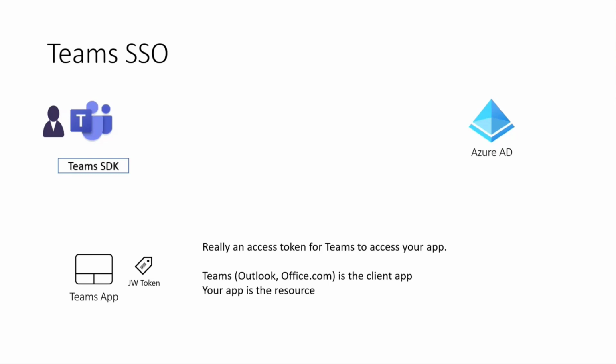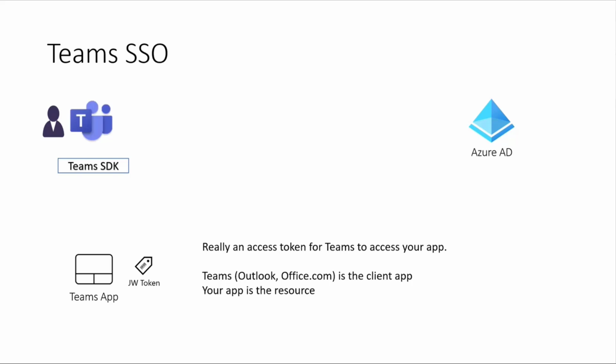It's a JSON Web Token that's issued by Azure AD, but it's gone through a third party. You're the first party, Azure AD is the other party. It's gone through Microsoft Teams, and you can't trust a token if you don't get it directly from the issuer. So it's important that your application actually validates that this token is legitimate.